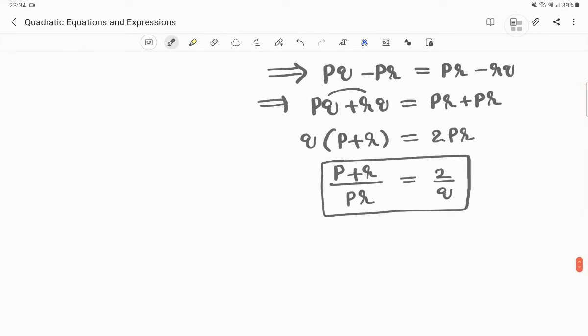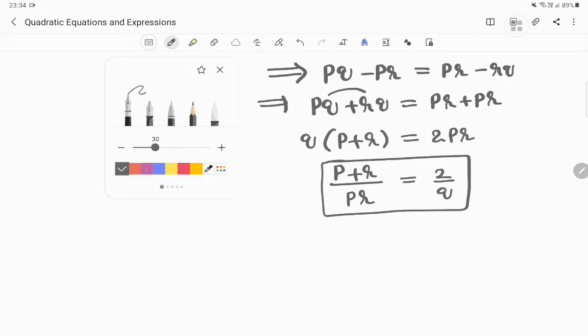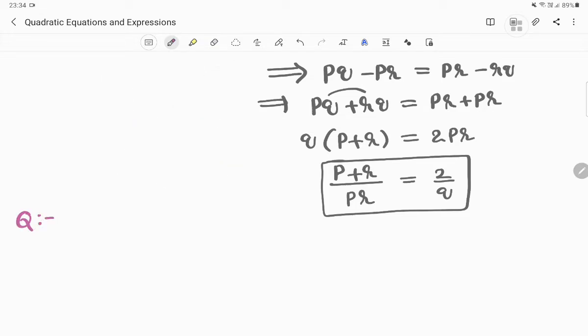One more question we will discuss based on the properties.